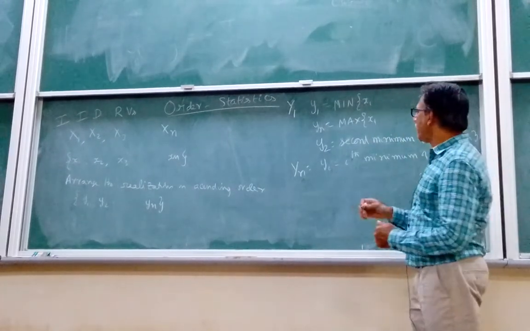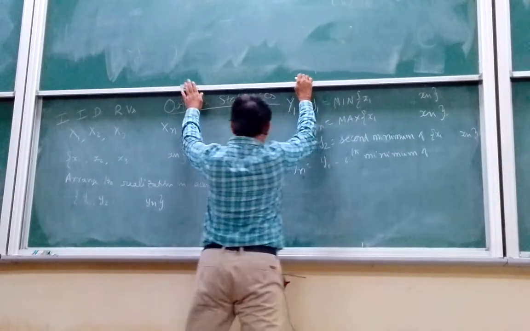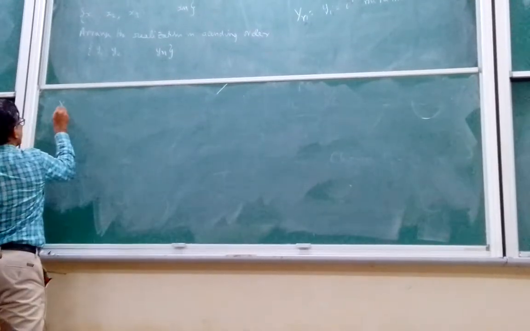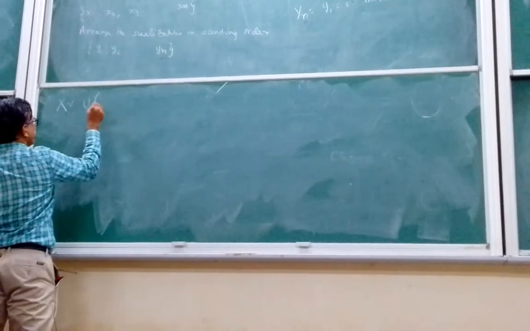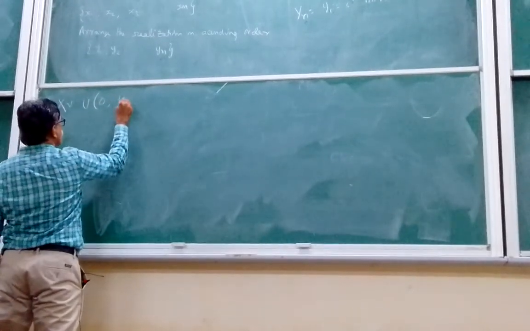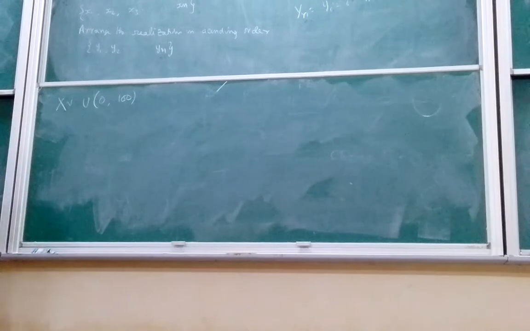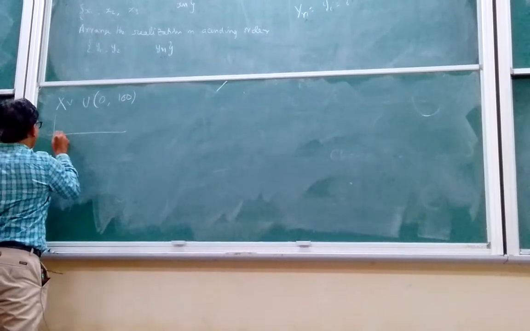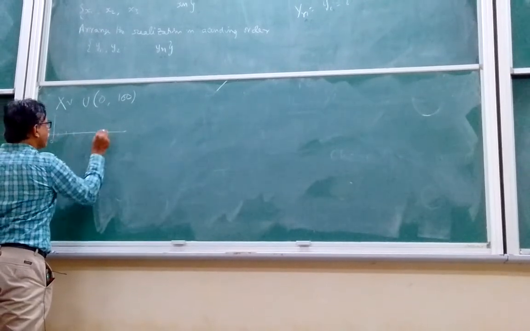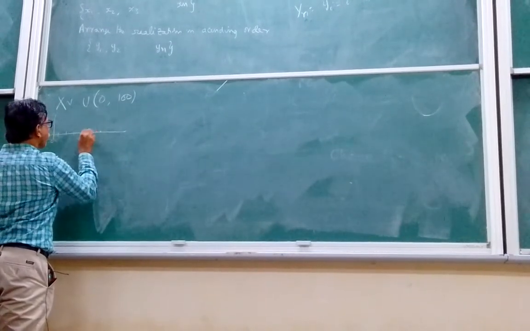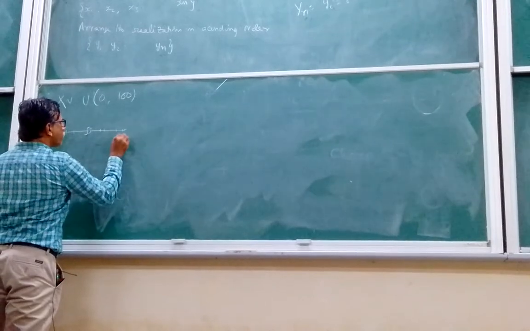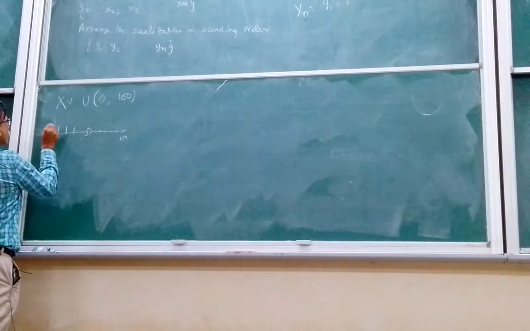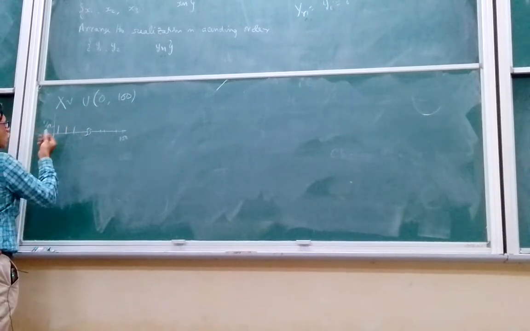To give an example, suppose the x are all uniform integer random variables between 0 and 100. The PMF will be 1 over 101.